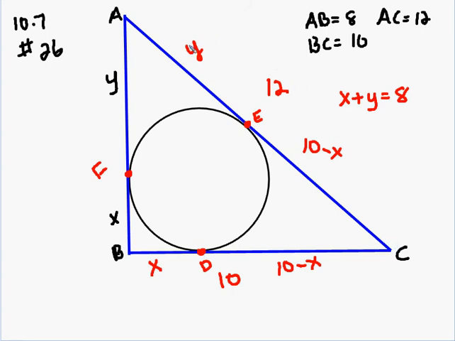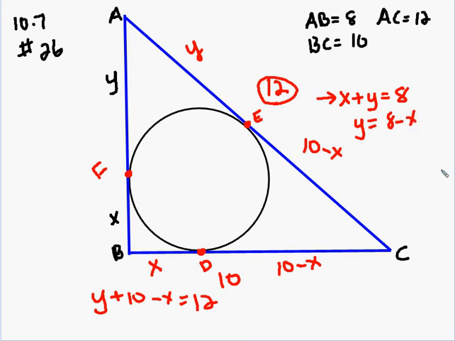So now I have another equation, and that equation is Y plus 10 minus X is equal to 12. And from my prior equation, I know that Y is equal to 8 minus X.